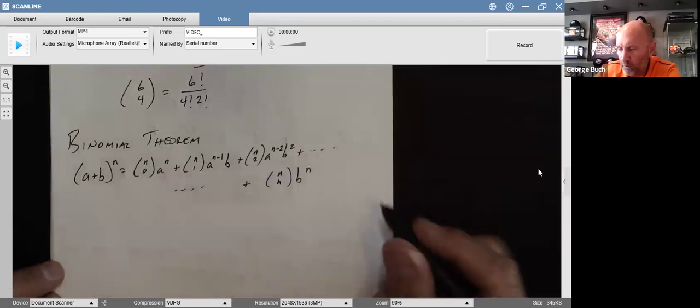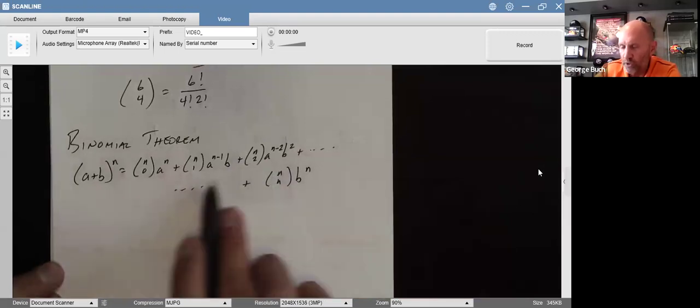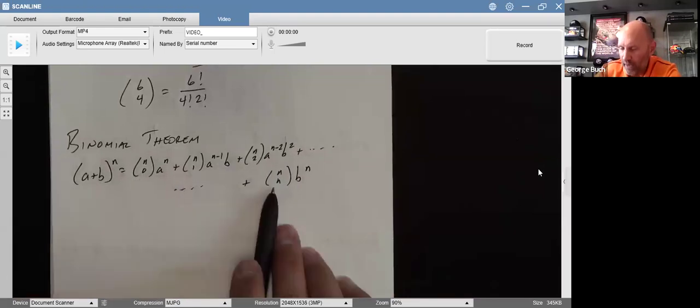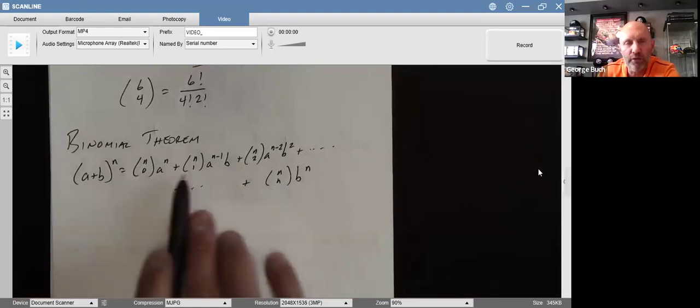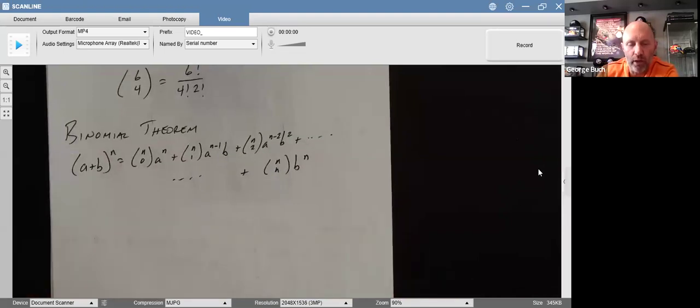So the a's are going to keep going down, the b's are going to keep going up, and all of these coefficients, the n stays n, and that number keeps increasing by 1 until we reach n. So that's how we can use the binomial theorem if the n value is large.